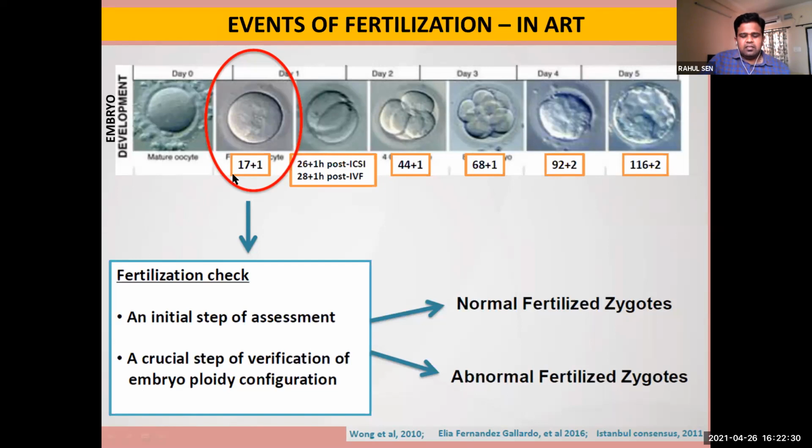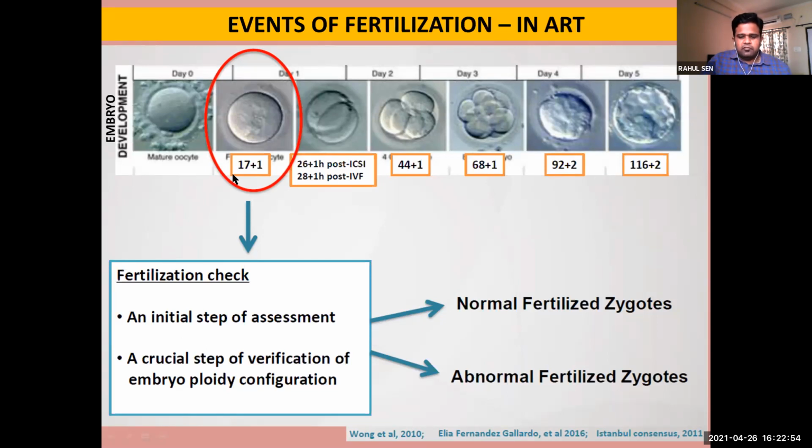This assessment checks whether the zygotes formed as a result of fertilization are normal or abnormal, and it also helps us verify whether the embryo ploidy configuration is normal or not.